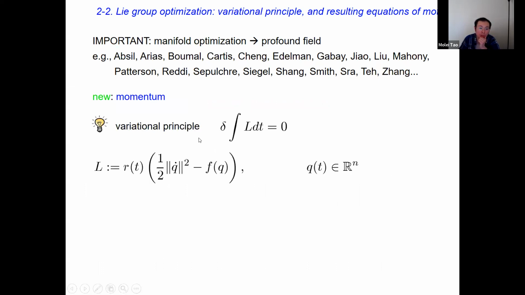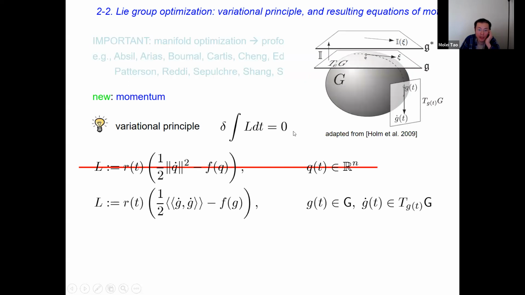And the variational principle, like I said, is a good way to do it. In Euclidean space, you can consider this time-discounted Lagrangian and look at this variational principle, and then you can get optimization dynamics. If you had, on the other hand, a Riemannian manifold, and you stare at this Lagrangian for a while, you realize the only part that is creating trouble is this kinetic energy part.